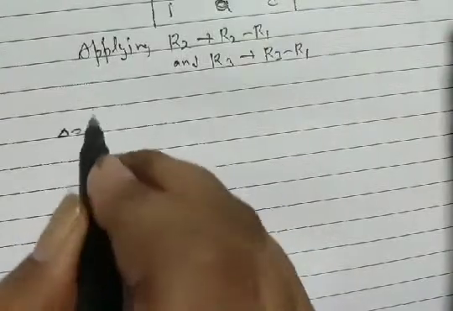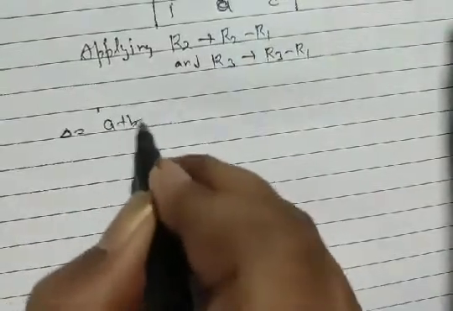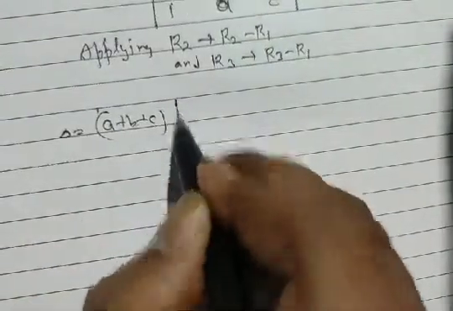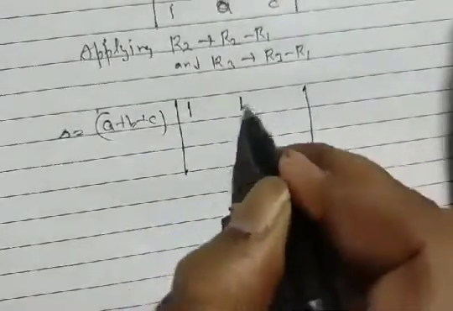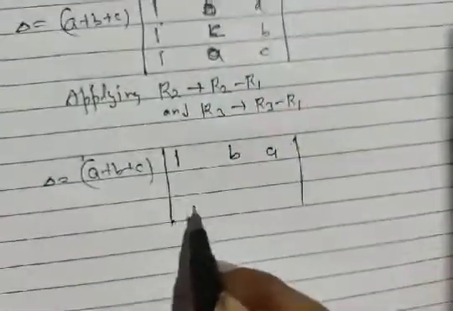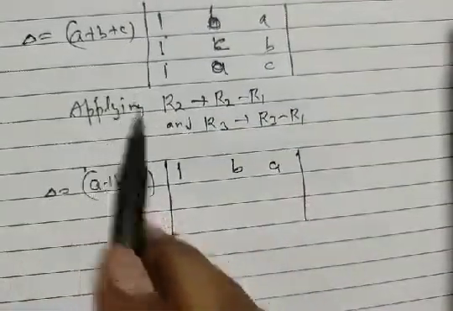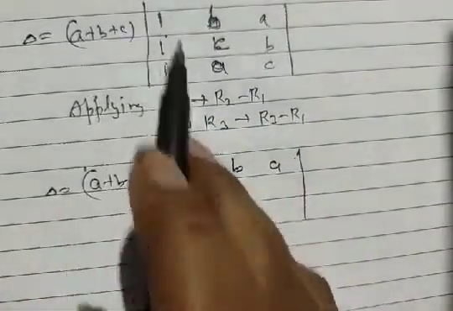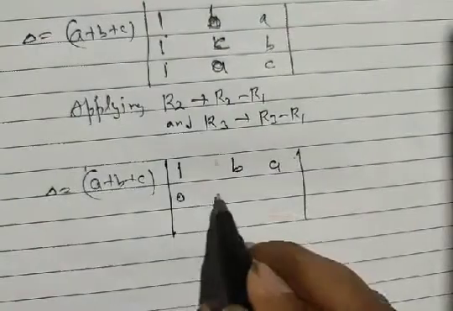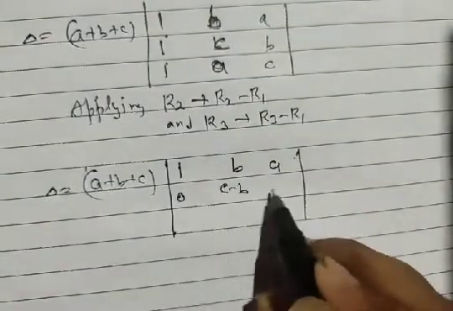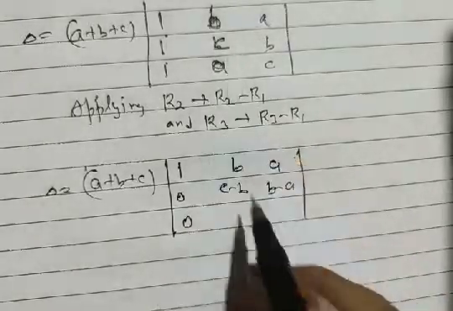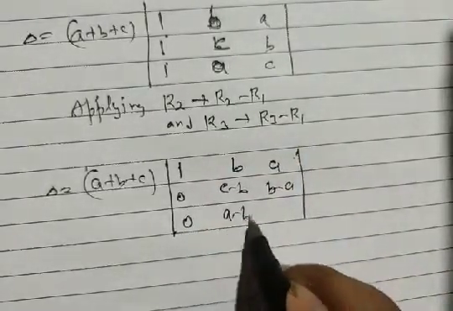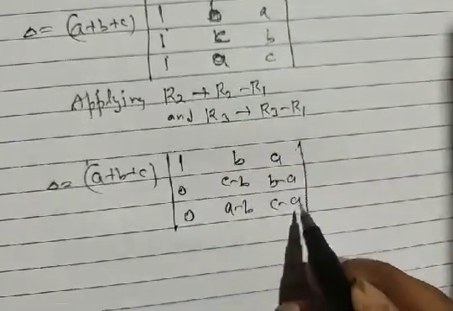Then what do we have? Delta is equal to a plus b plus c. There is no change in r1, so we write 1, b, a. Applying r2 minus r1, 1 minus 1 gives 0, then c minus b, b minus a. In r3 minus r1, 1 minus 1 gives 0, then a minus b, and c minus a.